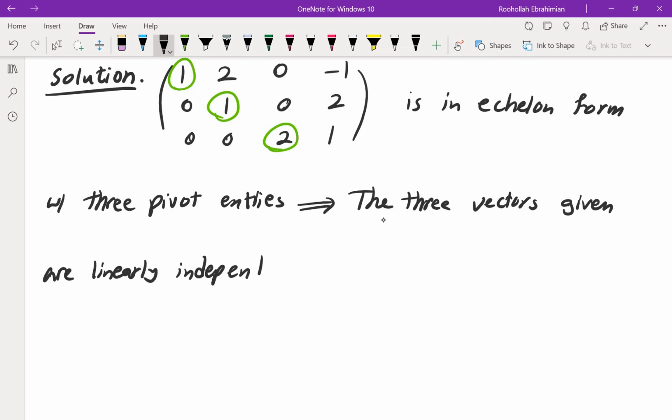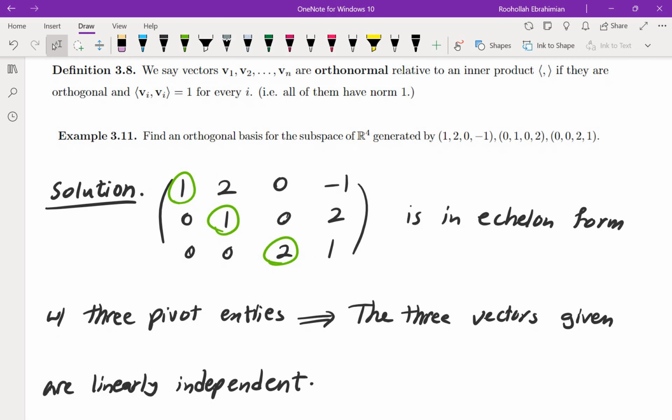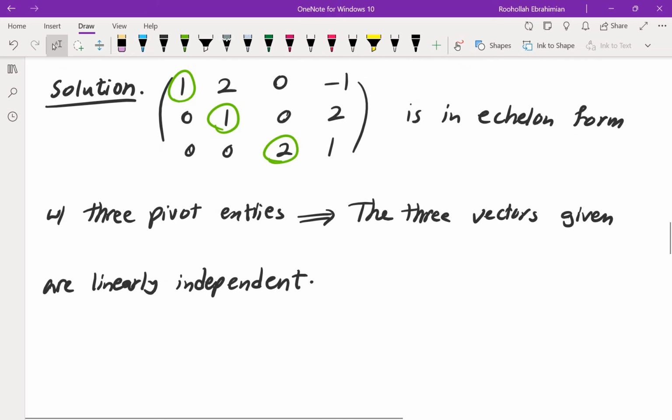Okay, so now I can go ahead and find an orthogonal basis. They didn't tell us what specific inner product we should use, so since it was not given, we will use the standard dot product. So W1 is just the first vector, 1, 2, 0, negative 1.